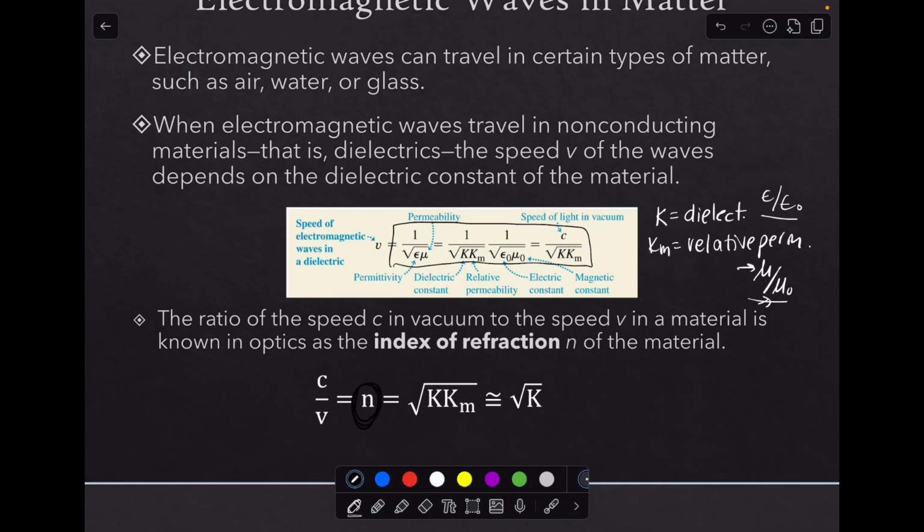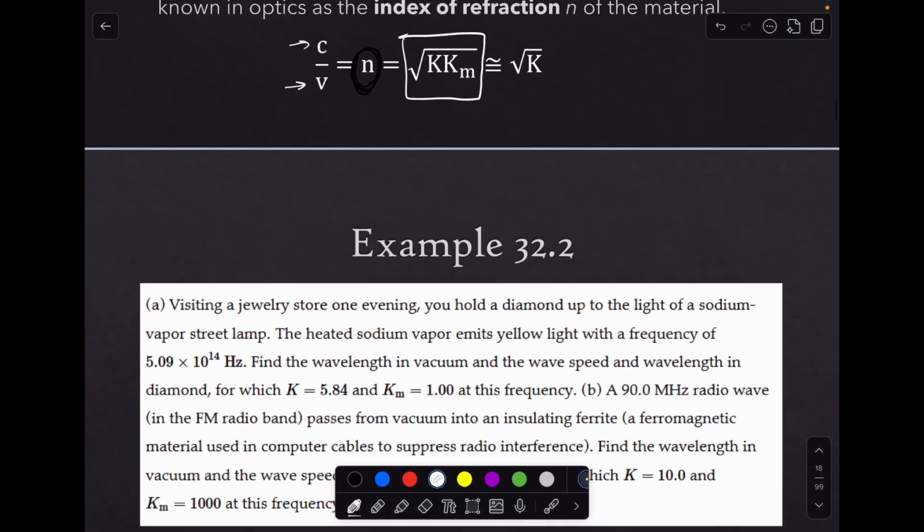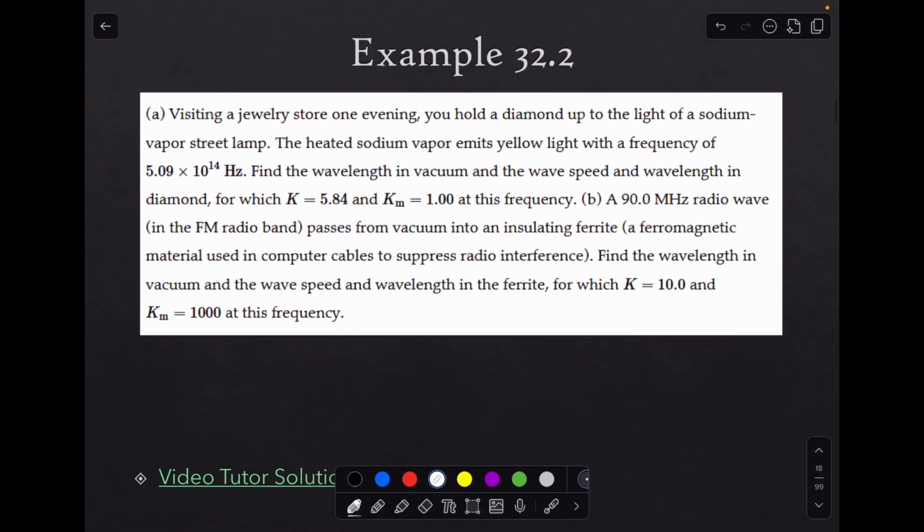The index of refraction is basically the ratio between the speed of light in vacuum and the speed of that same wave in a material that's not vacuum. That gives you the index of refraction n. Well, the index of refraction n is also equal to the square root of k km. All right? So in this example, we're going to use that idea.